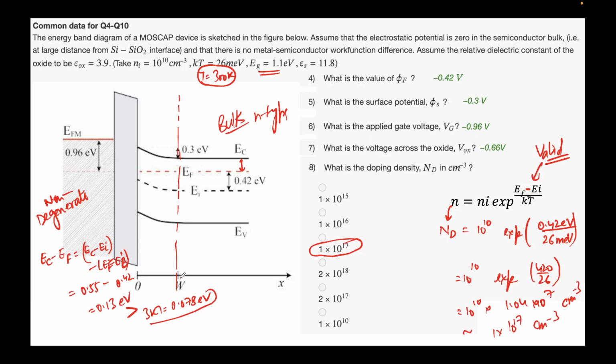What is the width? This expression is again from your PN junctions, where it used to be VBI. I have been saying that this is the bend that we are seeing, the bend in the EC. We used to call it the built-in potential, correct? Here we are just calling it by a different name, phi s.